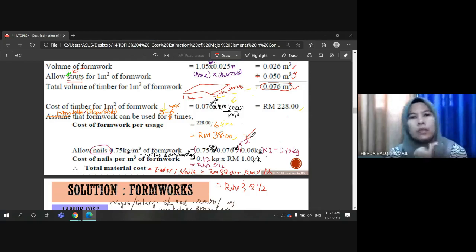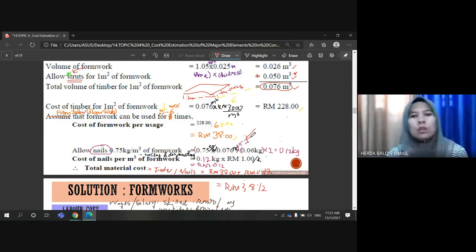Once again, the first scope of work is the assembling or erecting to prepare the formwork. And the second scope of work, after the works are complete, is to dismantle or remove.